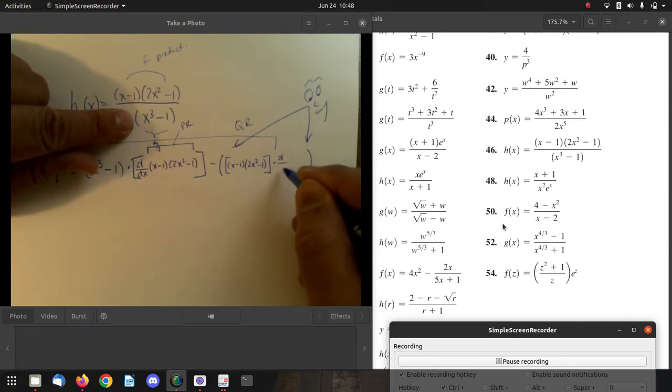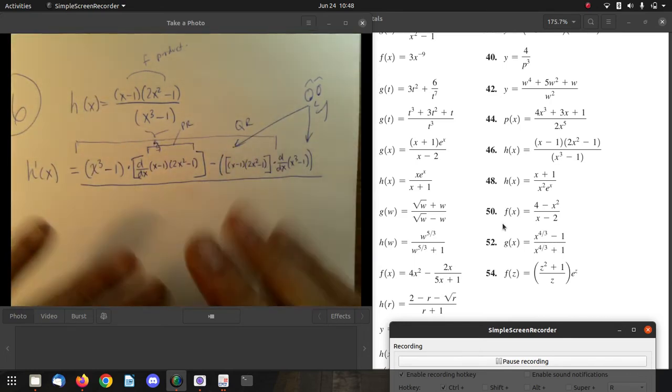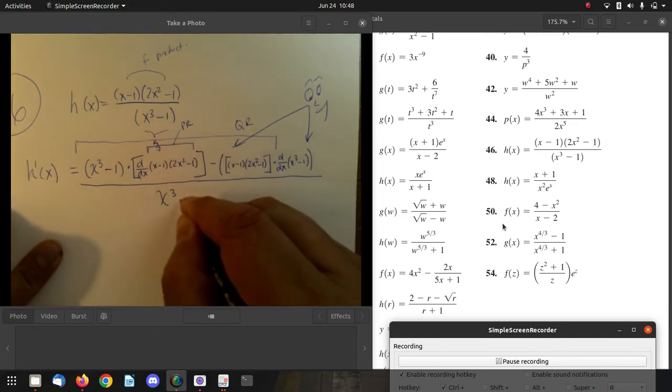This one's a little easier, but I'm still just going to put d/dx of x cubed minus 1, because I want to get everything set up, and then I'll use scratch paper and just fill in all the right parts. All over denominator squared.